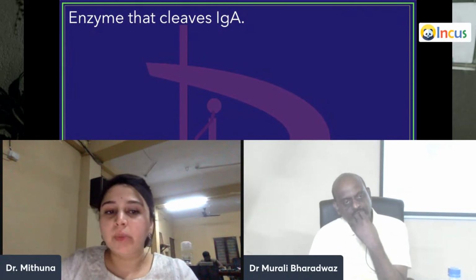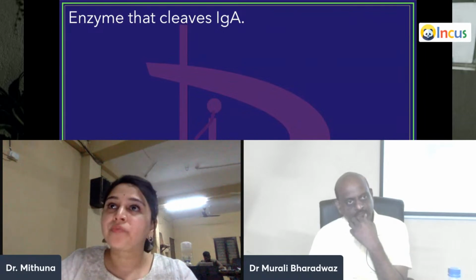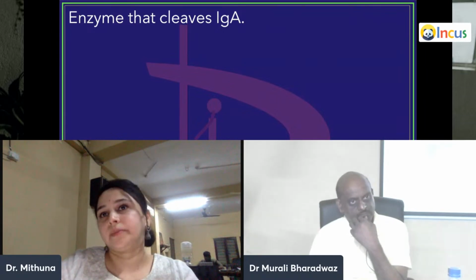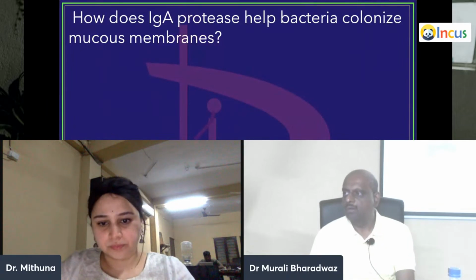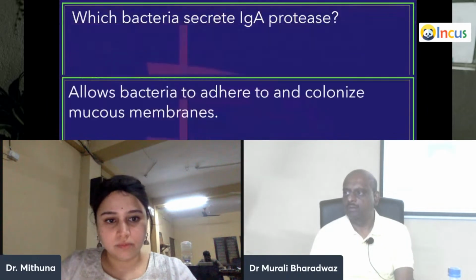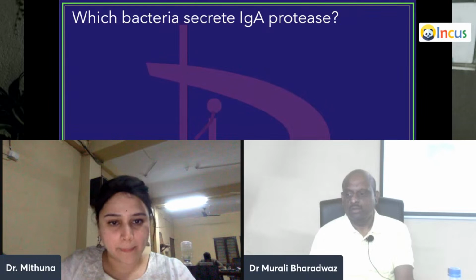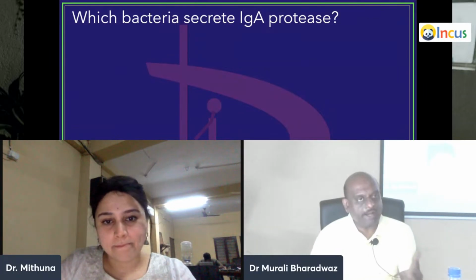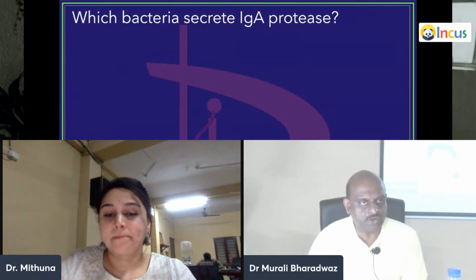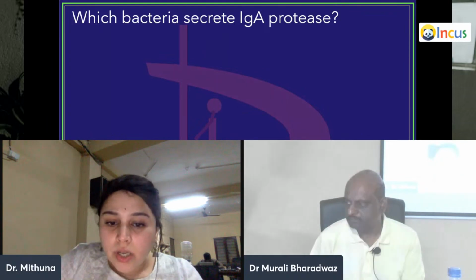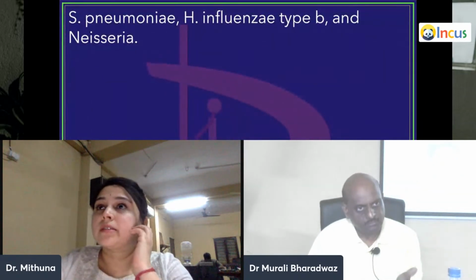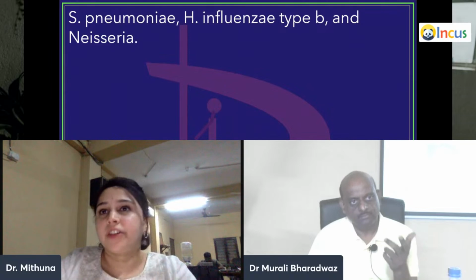And it's secreted by Streptococcus pneumoniae, H influenzae, and Neisseria. So, what are the bacteria that produce IgA protease, once more? It's H influenzae, sir, Streptococcus pneumoniae, Neisseria.